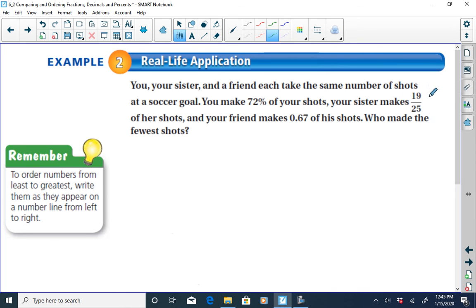Because I see this fraction with a denominator of 25, I know that I can make a fraction with a denominator of 100. So we have 72% is going to be 72 over 100. We know that 19 over 25, when I make it as a fraction over 100, that's times 4. 19 times 4 is what? 76 over 100.